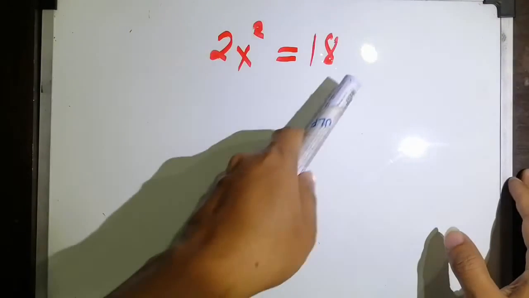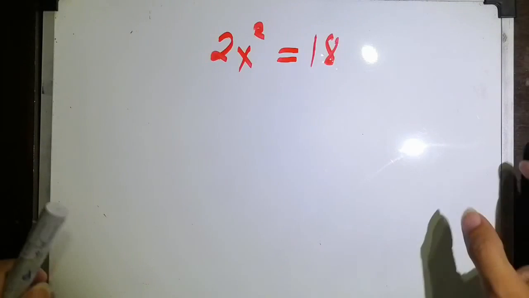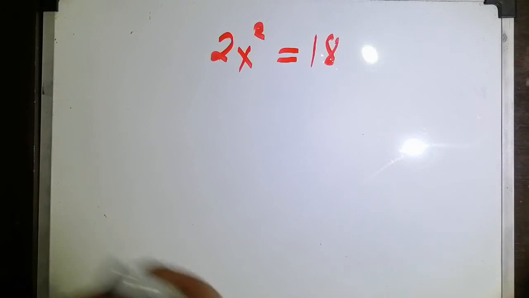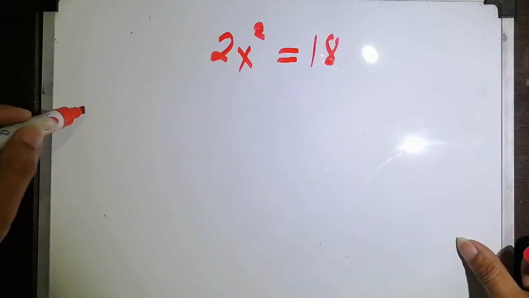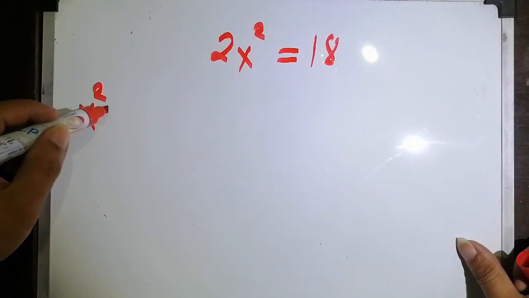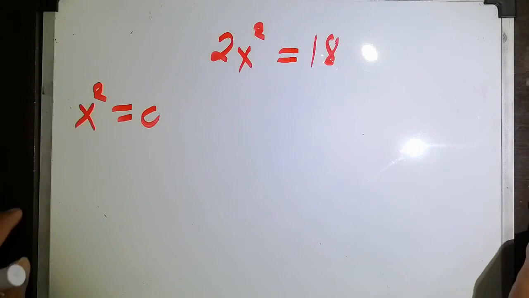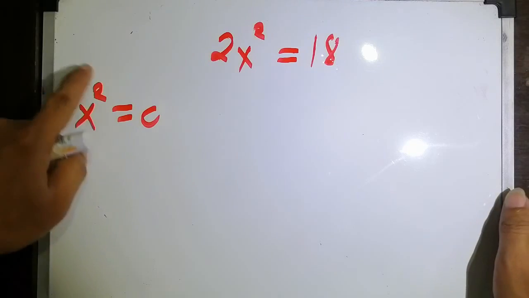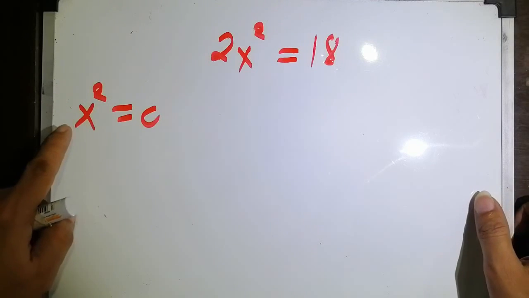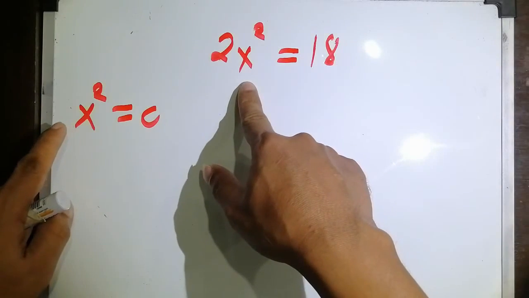Okay, so how to solve this equation? So take note that our equation is, or must be written in x squared equals c. Take note that variable here has no coefficient, pero sa problem natin meron.